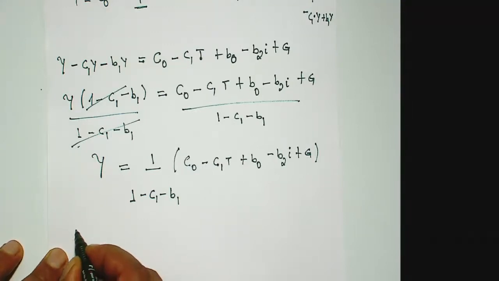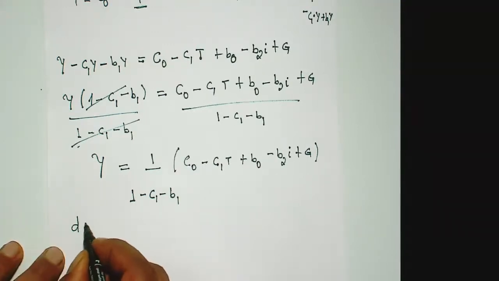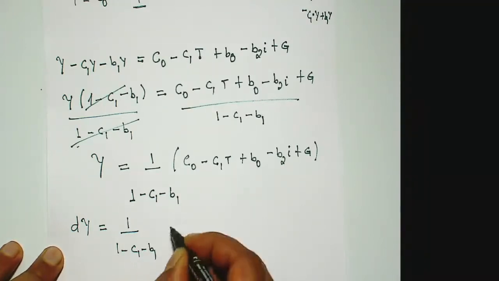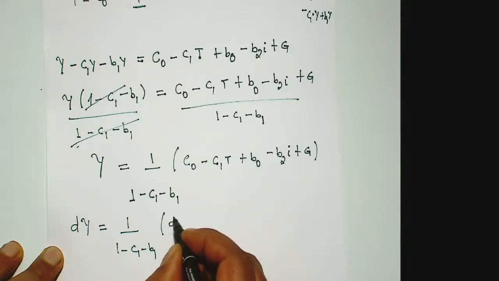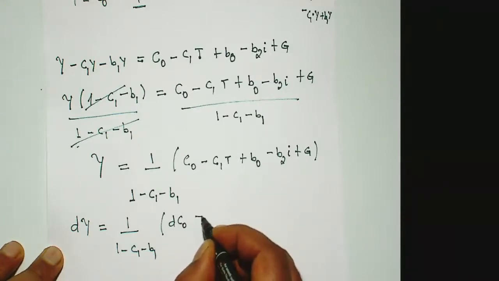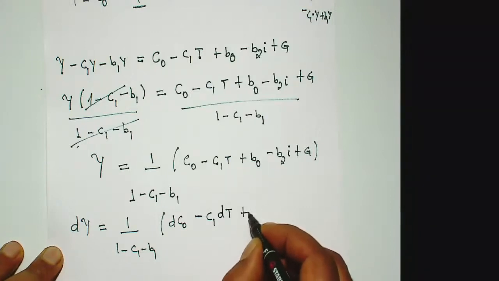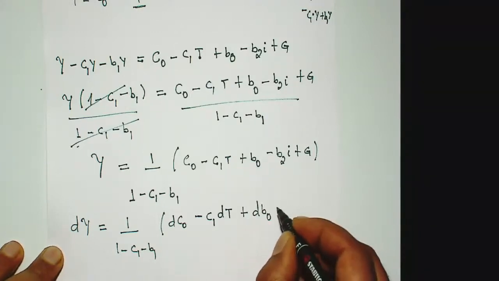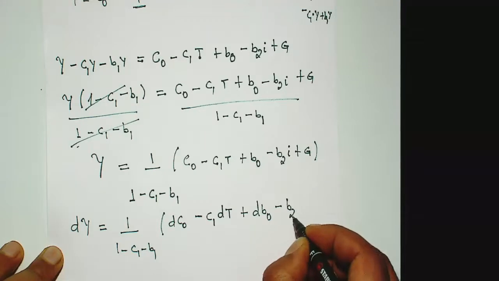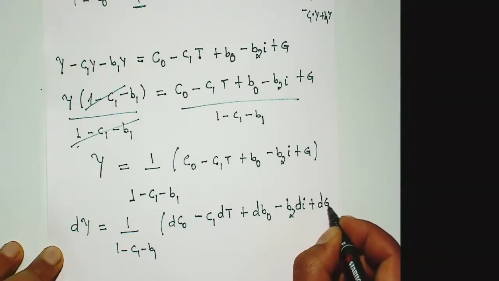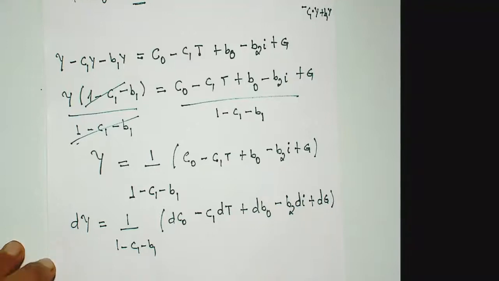So I would take the total differential, which can be written as dY is equal to 1 over 1 minus C1 minus B1 multiplied by d of C0 minus C1 multiplied by dT plus d of B0 minus B2 multiplied by dI plus dG.